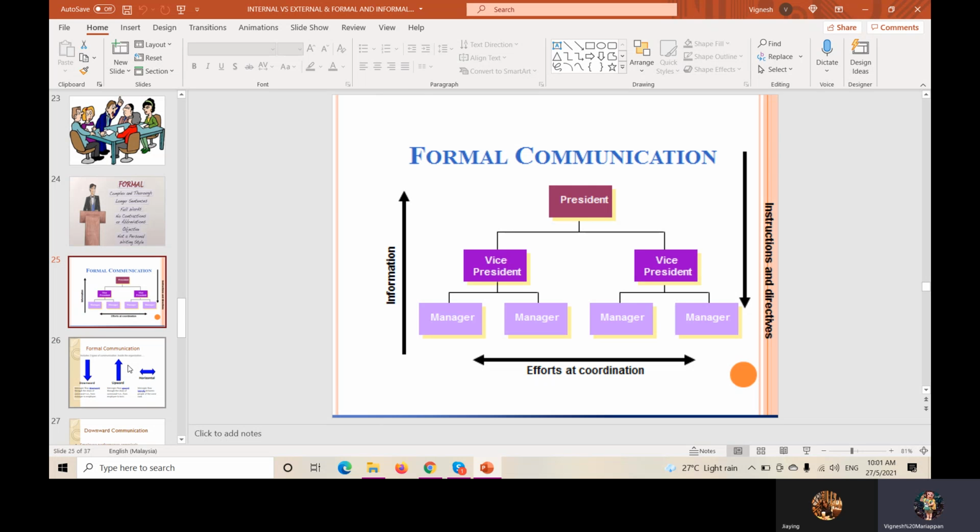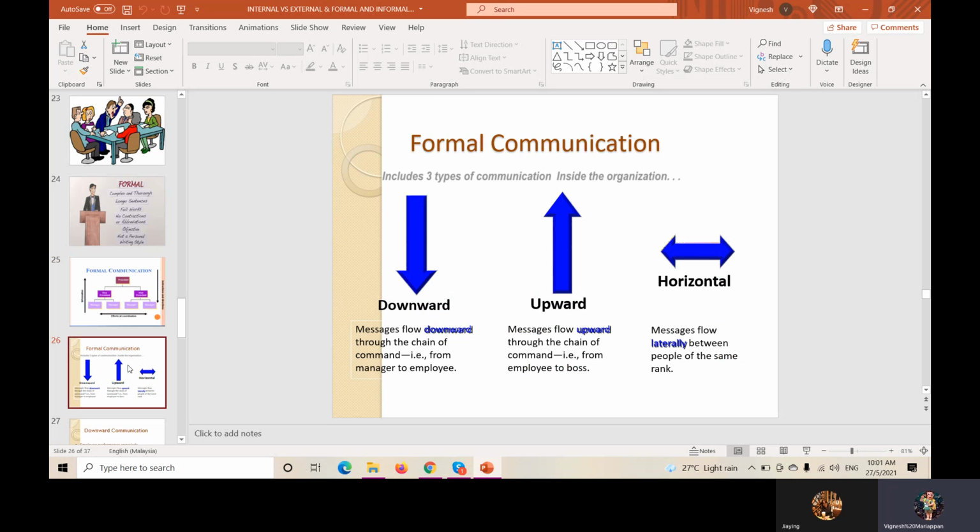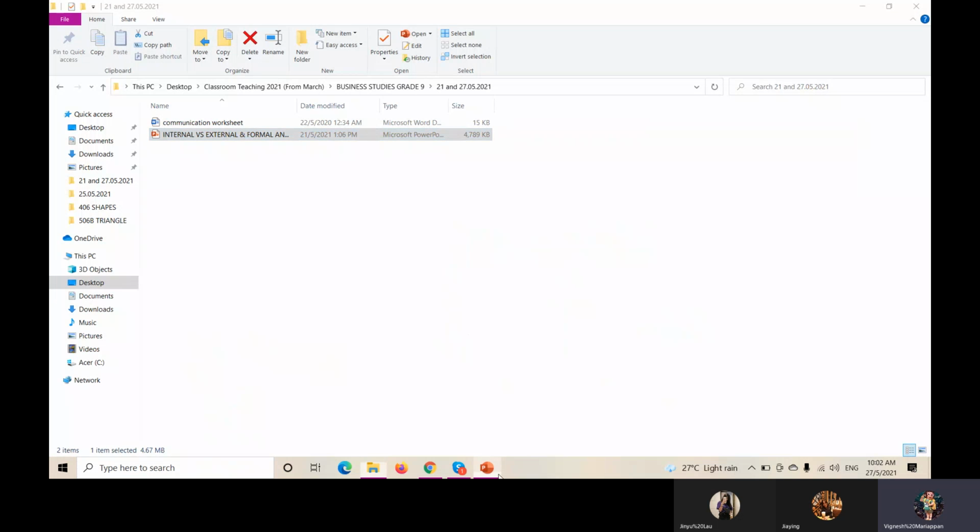So they should have one objective or target to talk. They should have a full proposal before they talk in the meeting. So we call it formal communication. And then teacher said that for formal communication, we have three types: downward, upward, and horizontal.